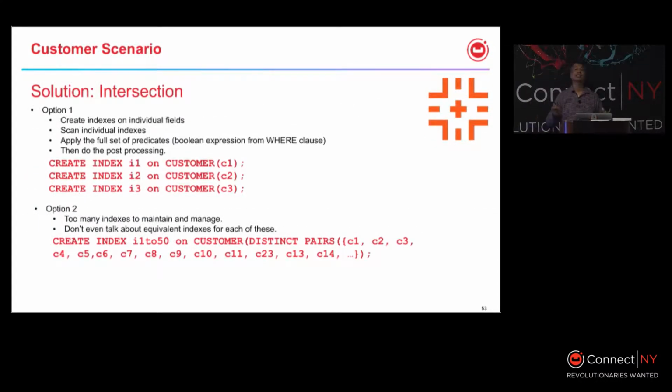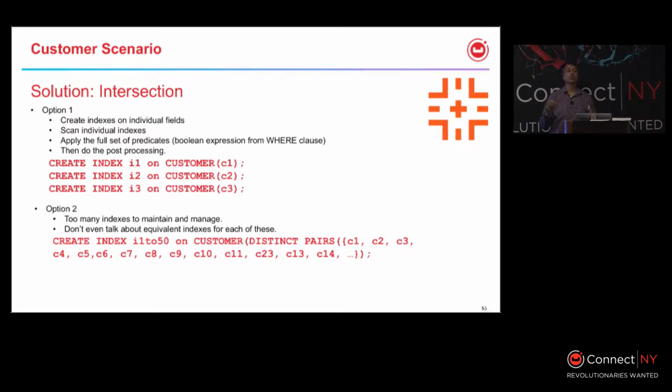So the answer is having intersection, right? You create indexes on individual fields, and the optimizer again does parallel scans of these indexes, does the intersection according to the predicates that you have given, and gets you the result. We have gone a step further to create something called adaptive index, where you can create indexes on all these fields.